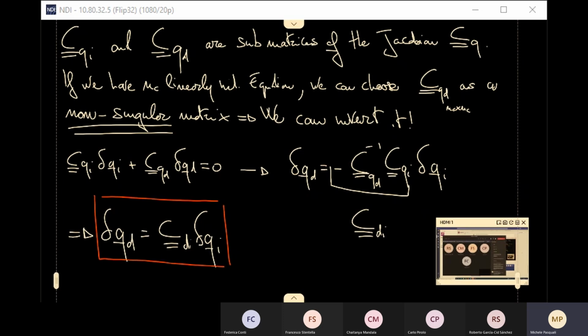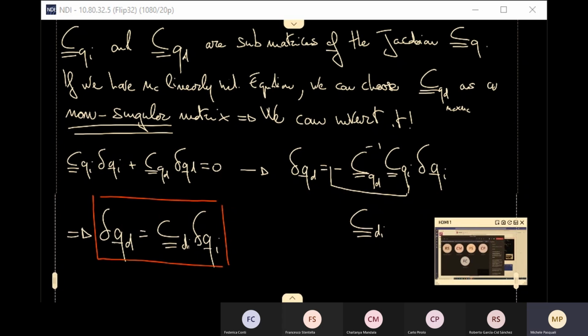And this is very, very nice because you can imagine that when I will write the equations of motion, I can directly do this substitution, and this will simplify a lot the formulation of my equations of motion. Okay, but this can only be done for holonomic constraints.